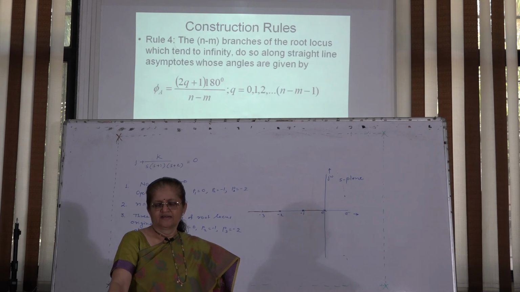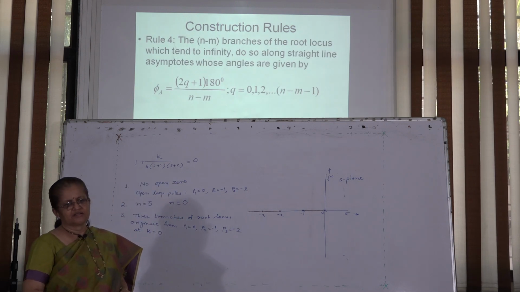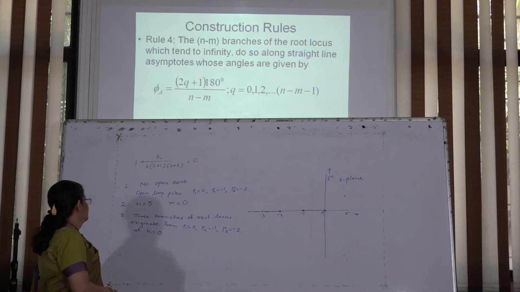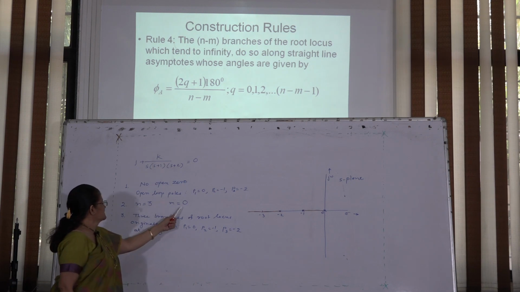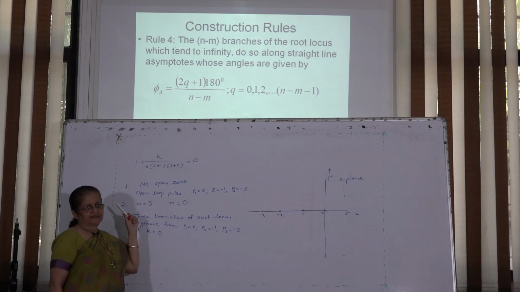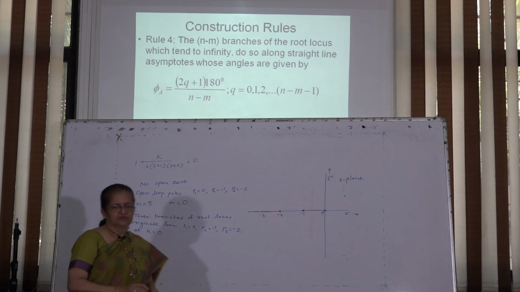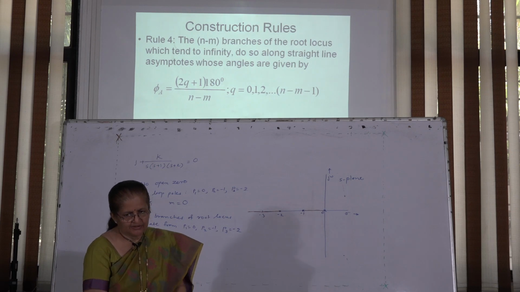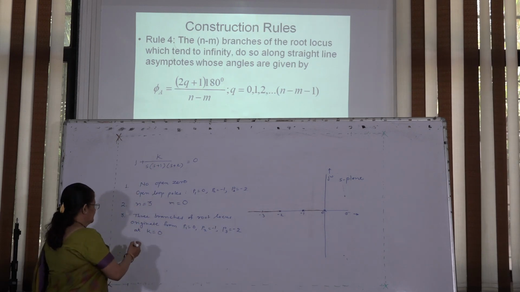Next is rule 4: n minus m branches of the root locus will tend towards infinity. So, here n is 3, m is 0. So, all the 3 branches will go towards infinity. Now, we have to find out at what angle they are going along the asymptotes, whose angles are given by.